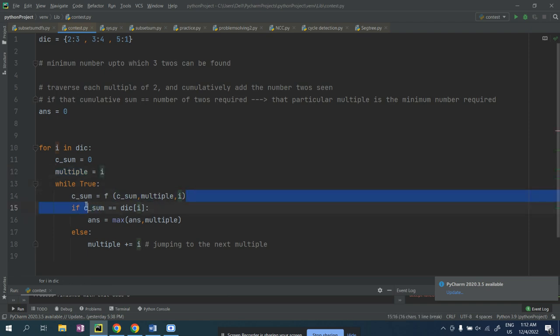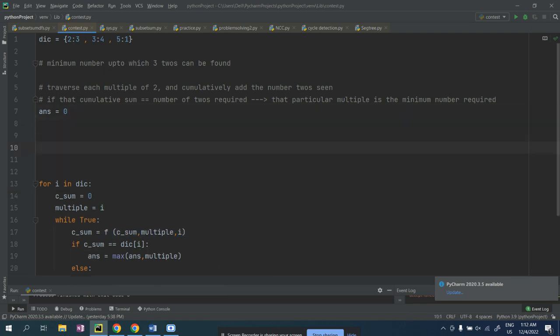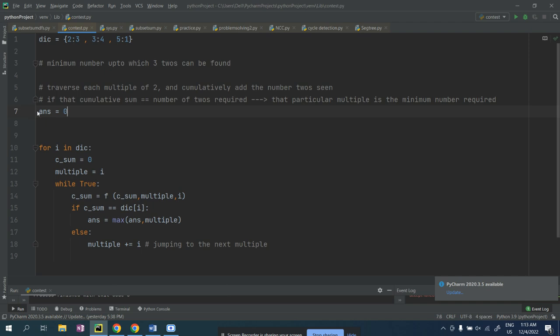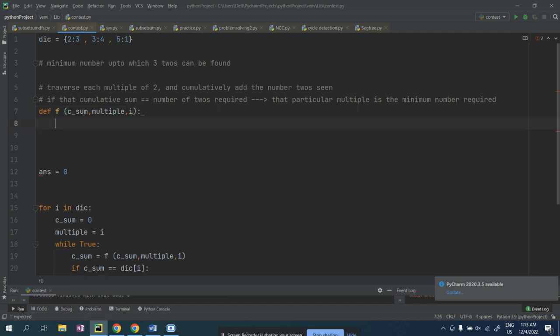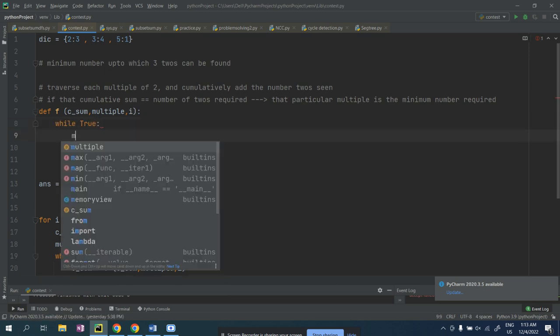And now let's declare that function. This will take our C sum, multiple and i, right? So let's take another while loop.